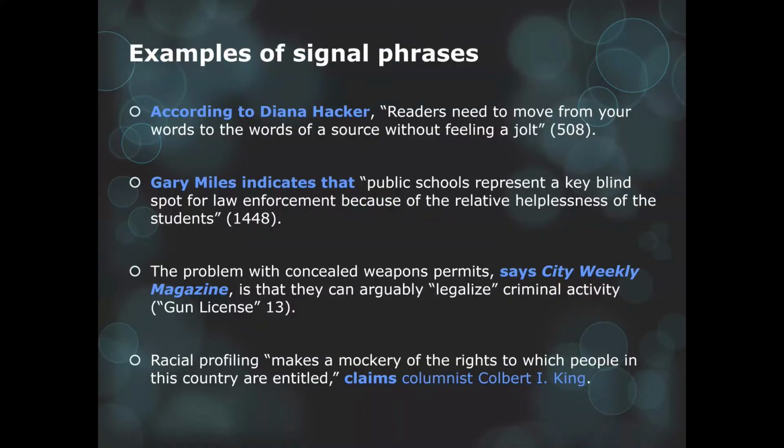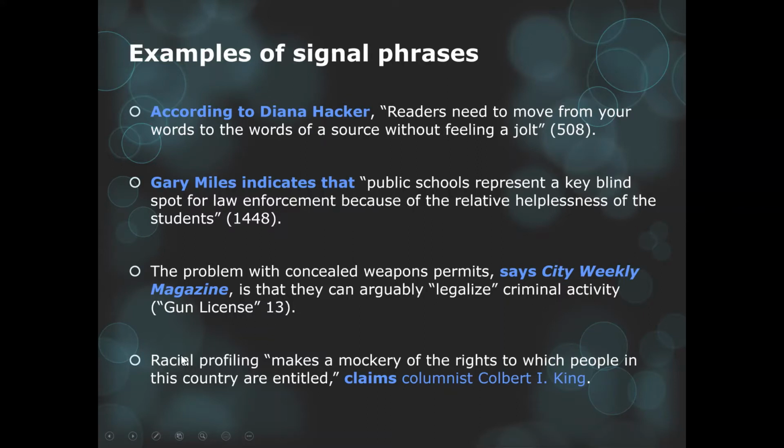Here are some specific examples. Gary Miles indicates that, and that's a present tense verb. You can see these phrases are in different places, or can be, in the sentence. Another good rule of thumb is that your sentences should not start with a quotation mark. Notice the last one on this list here.